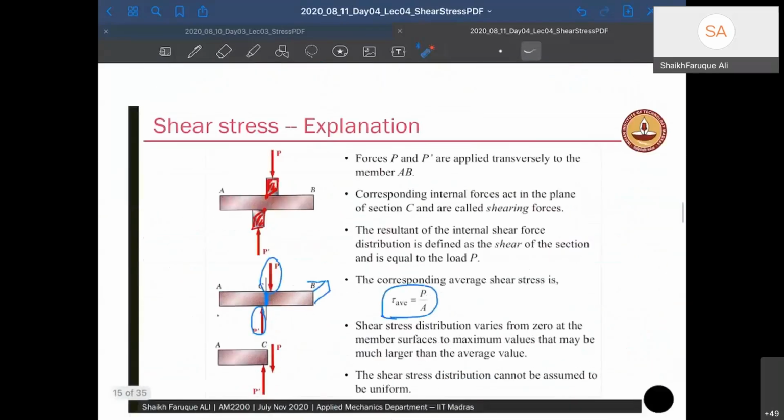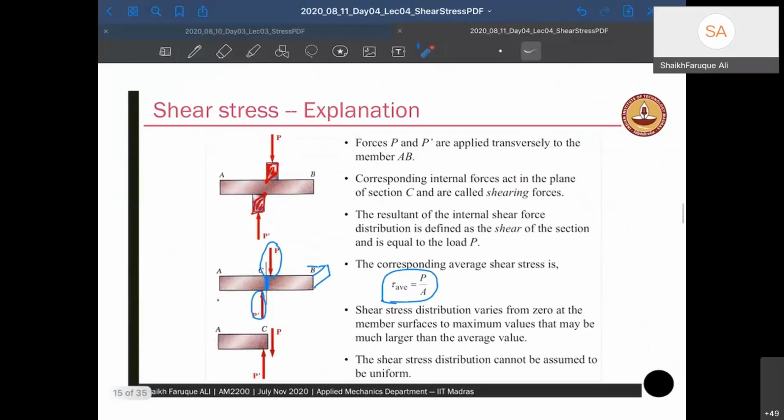Shear stress is what we are going to discuss today. Shear stress is something that actually acts along the surface. If you see this picture here, there are 2 forces acting on this rod or bar, whatever it is. One along this, the one along this. Now what will happen?